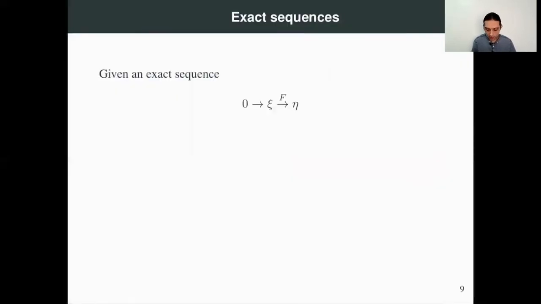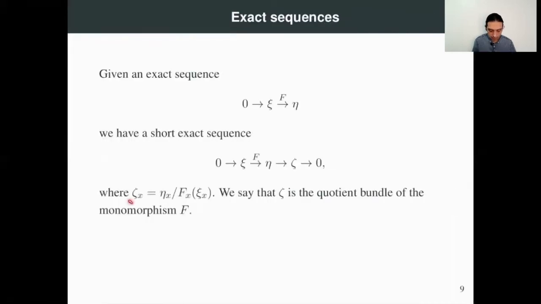Now we can consider an exact sequence of this type, or in other words, F is a monomorphism. And how do we build a short exact sequence, a natural short exact sequence? What we are going to consider is a vector bundle theta such that the fiber of theta at x is the quotient of the fiber of eta at x and the image by F_x of the fiber of psi, right?